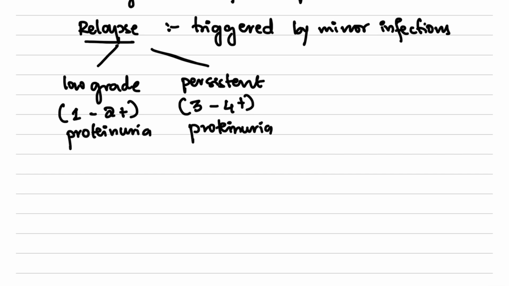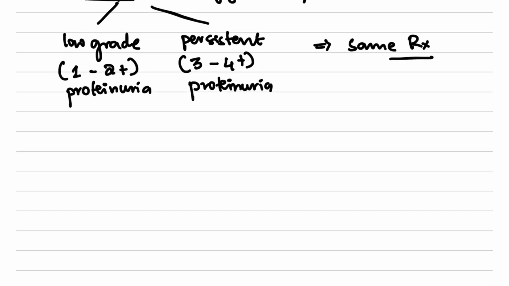And for this, the treatment is the same: prednisolone 60 mg every day for 6 weeks, followed by 40 mg on alternate days. Then we can shift the patient onto long-term alternate day prednisolone.